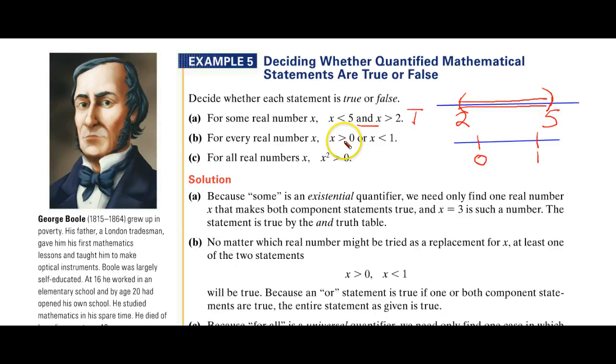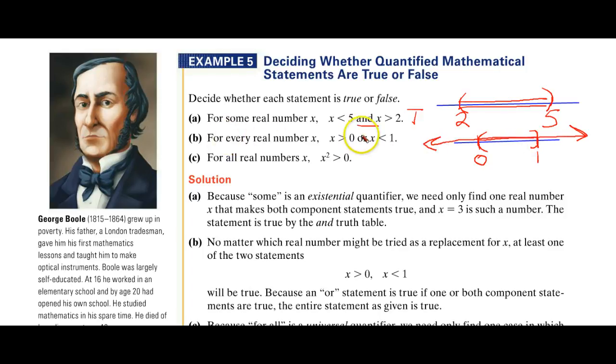Now for number 2, or letter B here, they're saying that x is greater than 0. So if we graph that, it would look like so. And we're saying x is less than 1. So if we graph that, it looks like so.